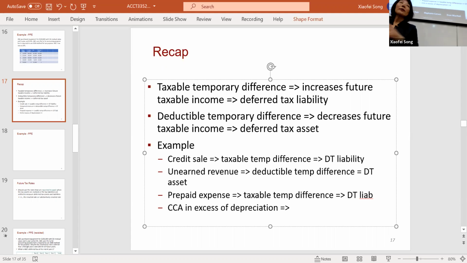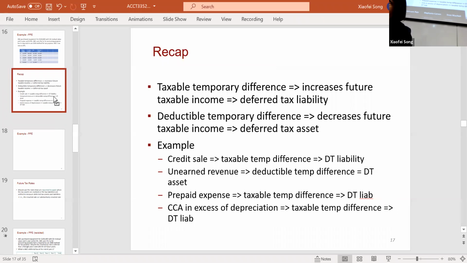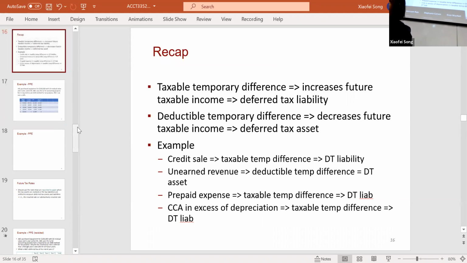This is very similar to the previous one, the prepaid expense, even though it's a different kind of item. So this will also be a taxable temporary difference, and that also gives rise to a deferred tax liability.